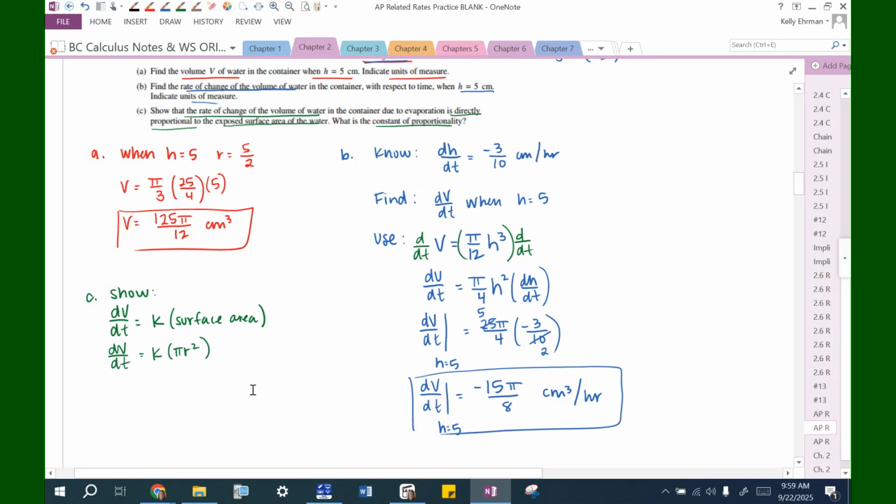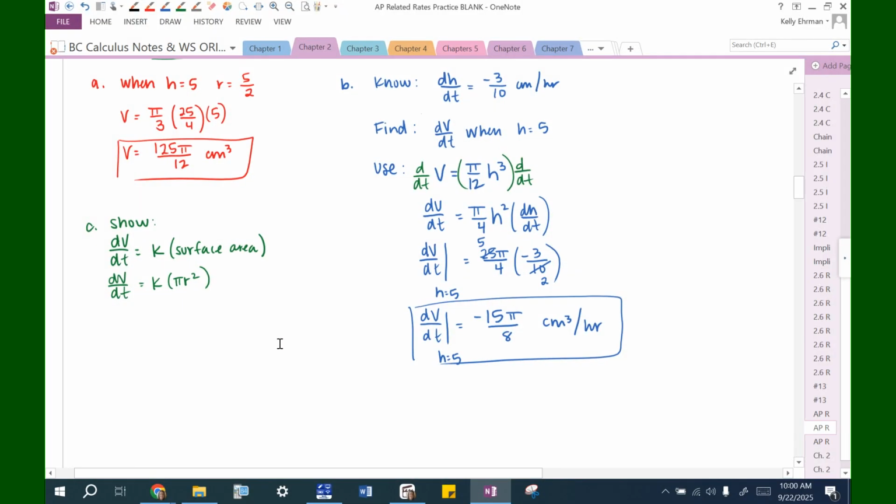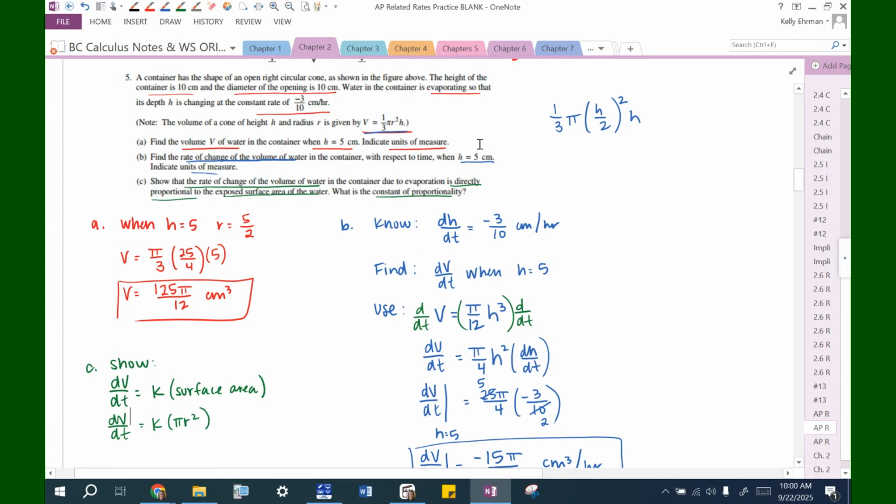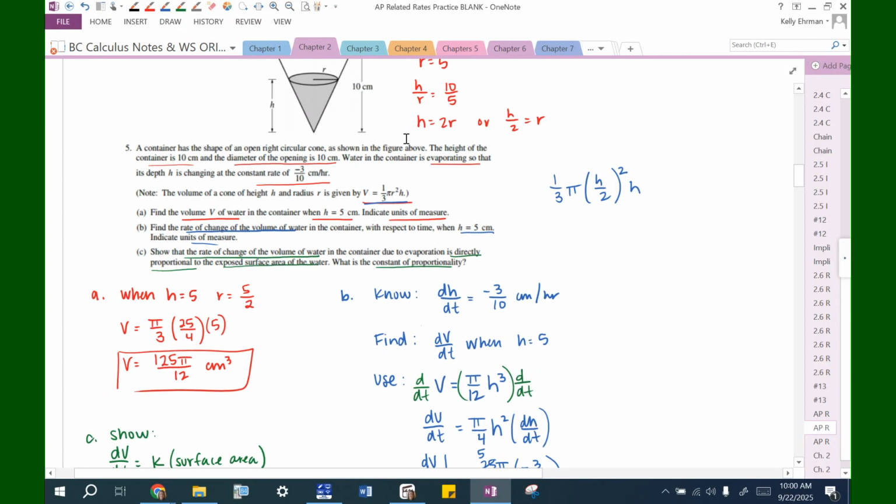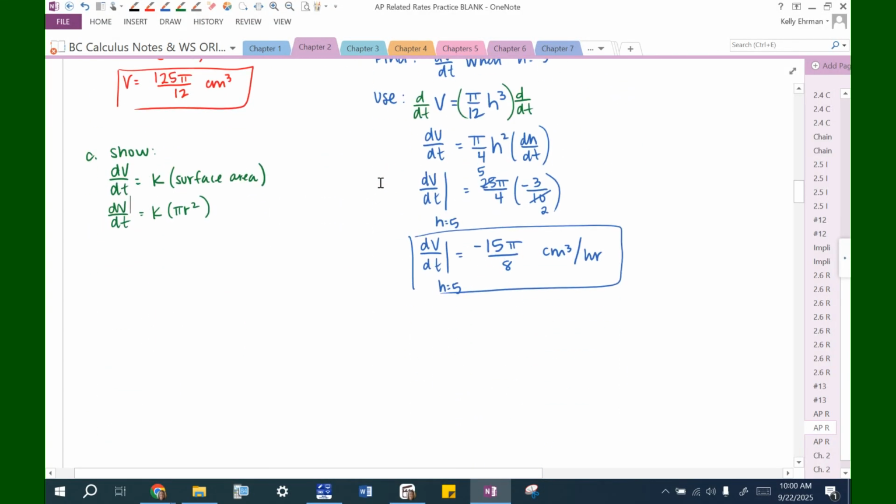All right, so let's see. We have a volume equation to start with, but instead of using the H version, how about we go back and use a version where we get volume in terms of R instead. So let's start here.